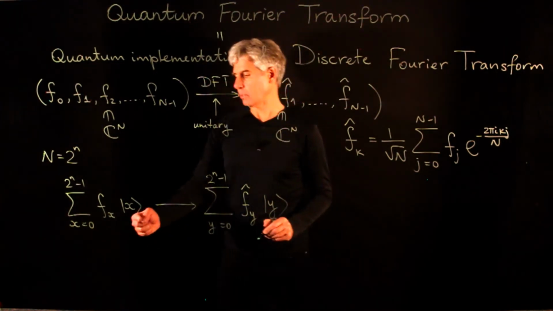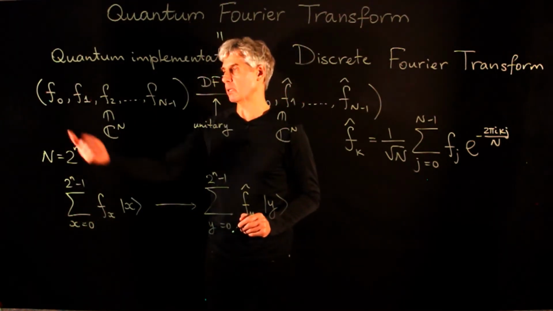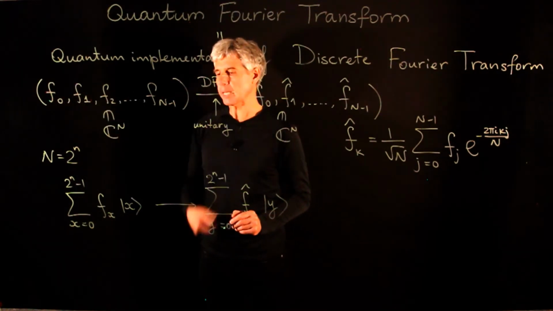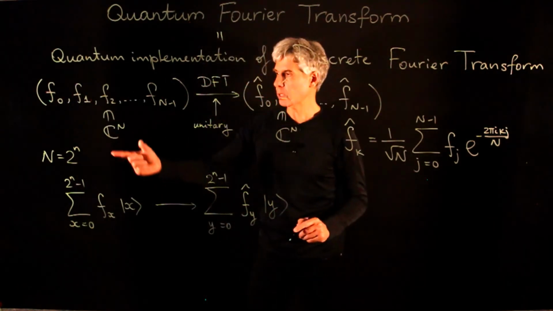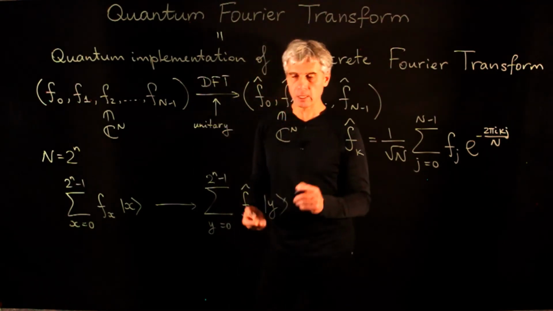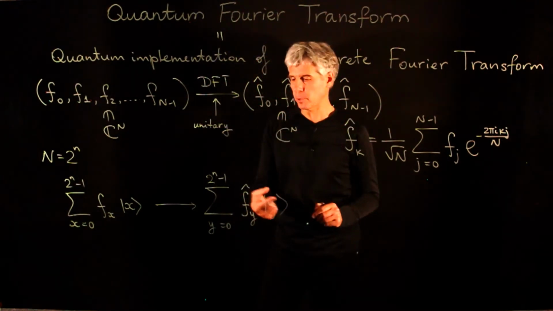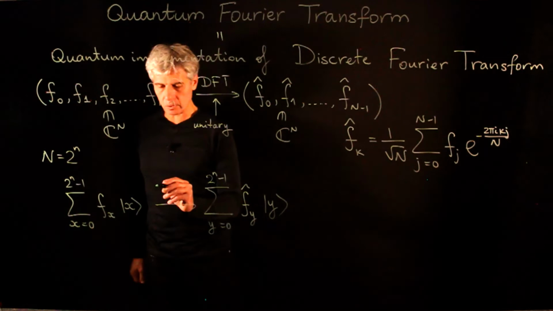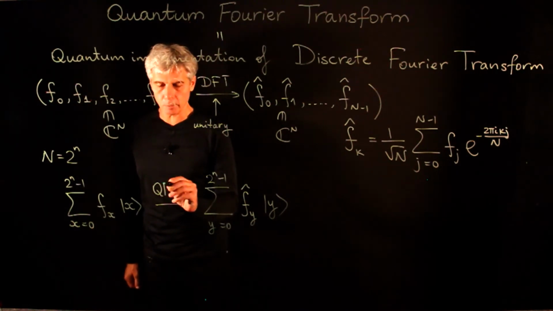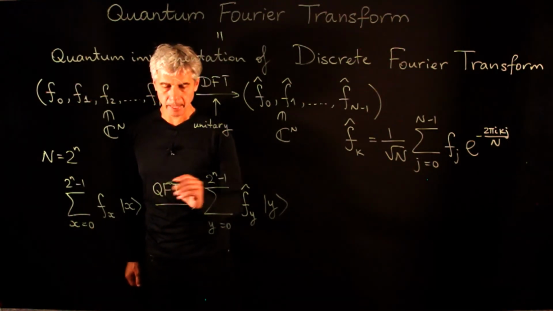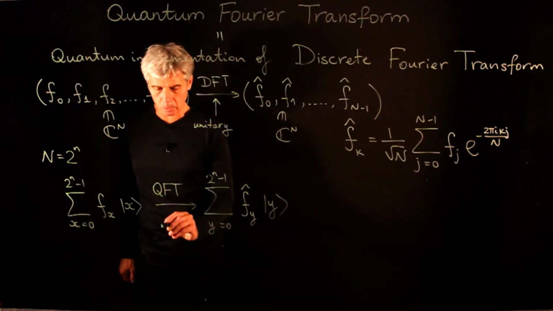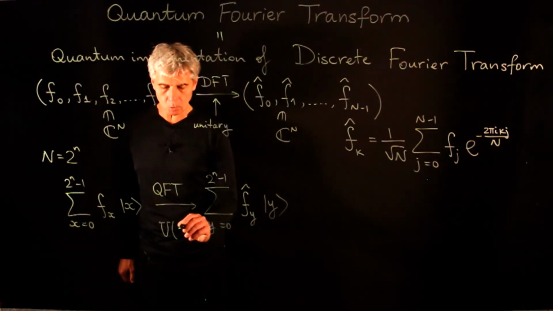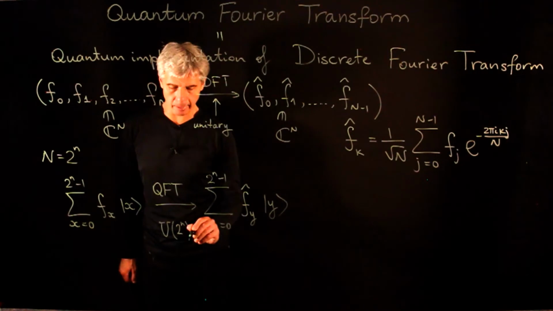So this expression represents this vector of samples, and now we transform the vector of samples into the vector of Fourier coefficients. This transformation is called the Quantum Fourier Transform. Again, this is going to be an element of a unitary group, U(2 to the power n).